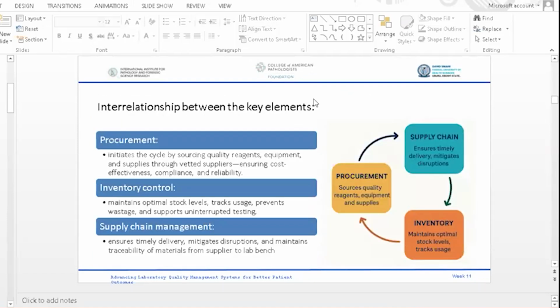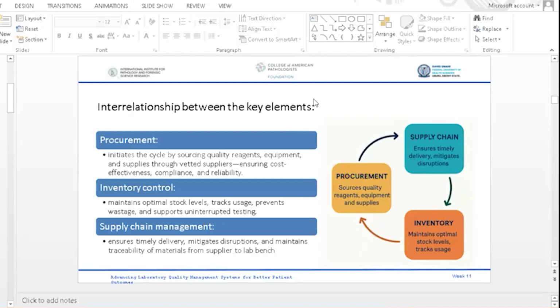Now, let's discuss the interrelationship between these key elements: procurement, inventory control, and supply chain management. Procurement initiates the cycle by sourcing quality reagents, equipment, and supplies through vetted suppliers, making sure that cost effectiveness, compliance, and reliability are achieved.